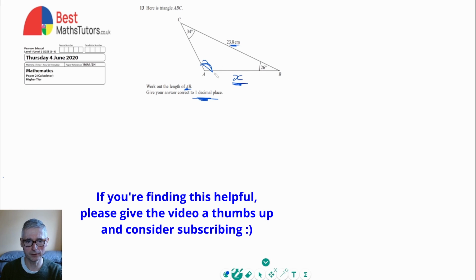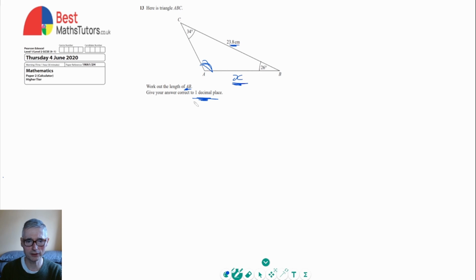Using three-letter notation, angle BAC, the angle being at the middle letter, is going to be 180 degrees minus the other two added, so minus the 34 plus the 26. That's 180 minus 60, which is 120.